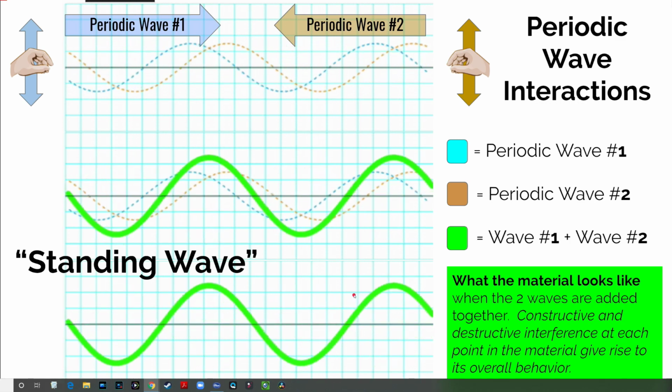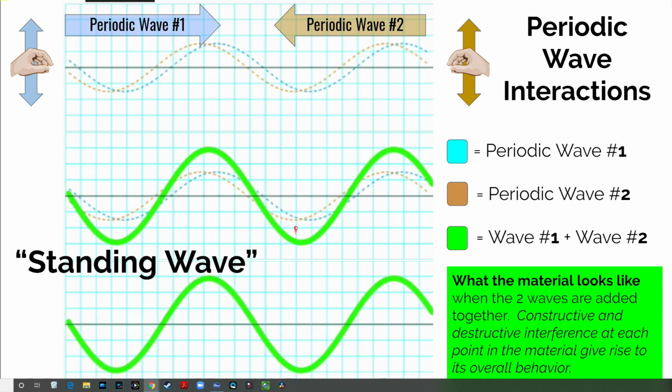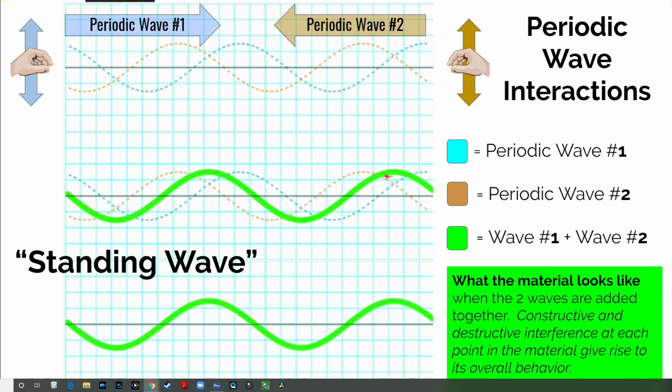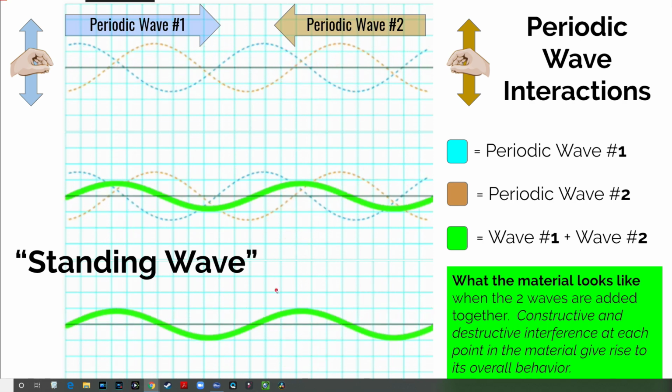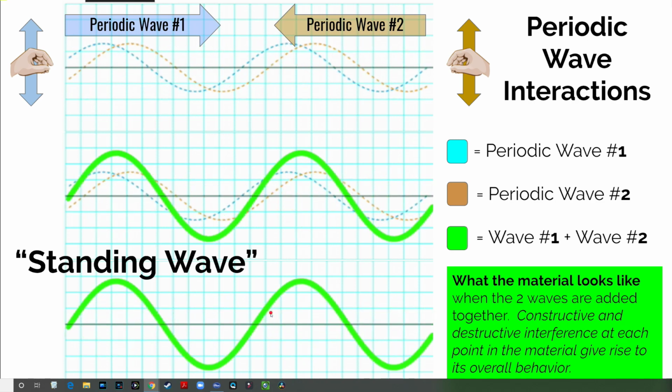It appears that way because there are things moving through the material, right? The blue pulse is moving to the right, the brown pulse is moving to the left, but it's just the interference of them that creates something that looks like it's standing still.